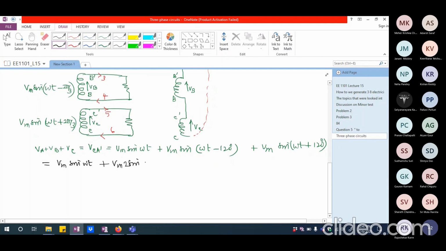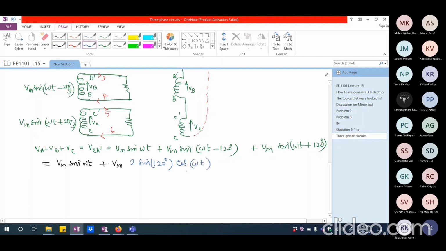I'm going to get first of all 2 sine of 120 degrees and cos of omega t.